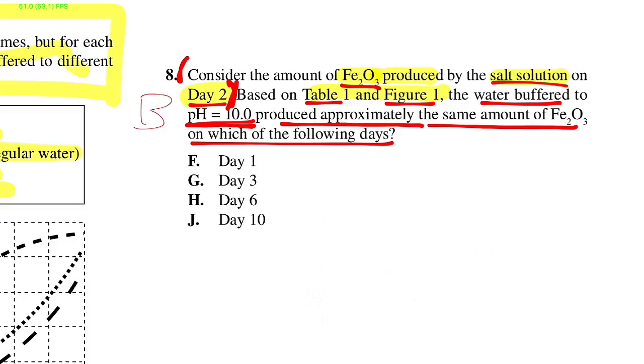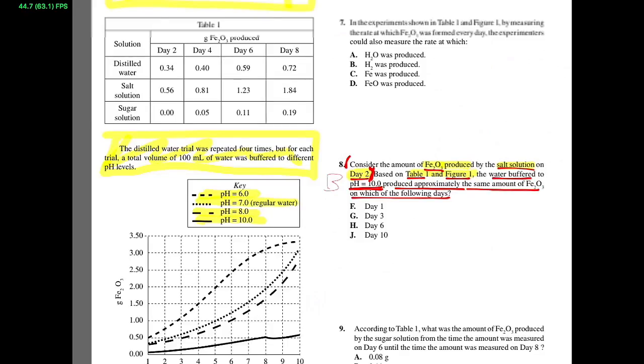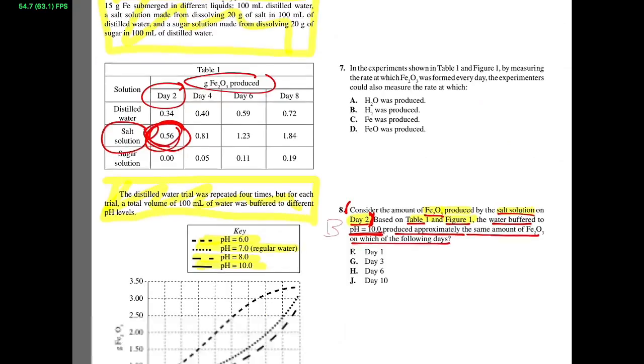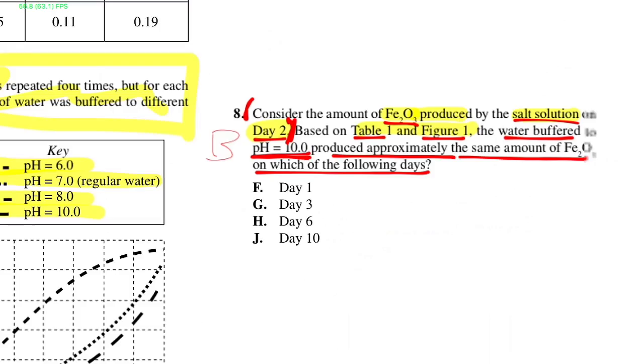Okay, so rust, day 2, salt solution. Okay, rust, day 2, salt solution. 0.56. That's it. 0.56. That's what we're dealing with. So here, we're dealing with 0.56 grams.